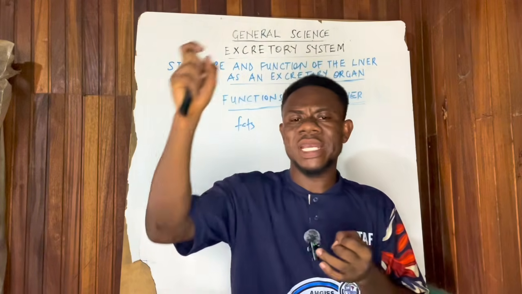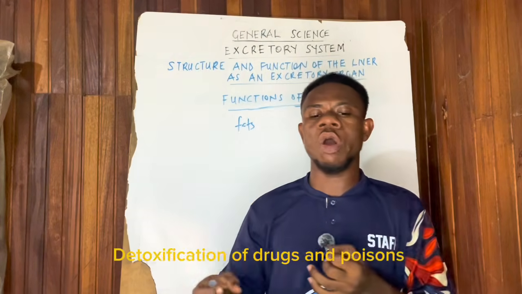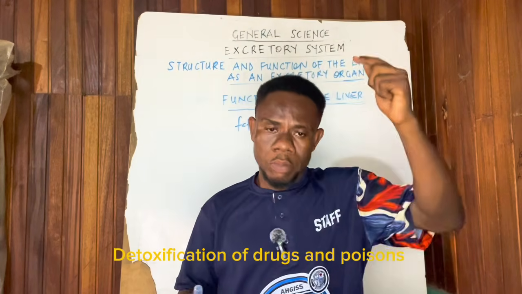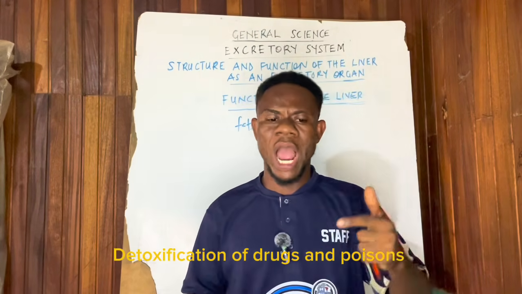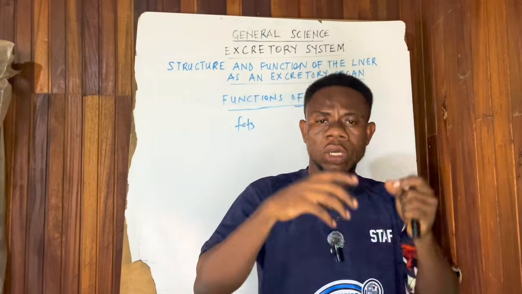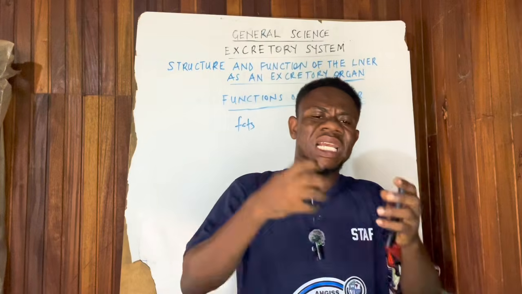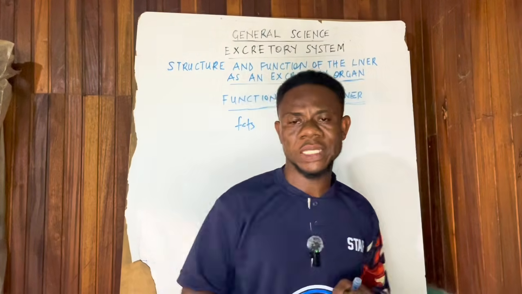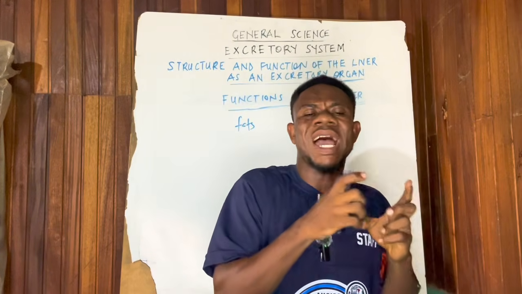Now, the eighth point is detoxification of drugs and poisons. When I started this video, I made mention of detoxification. This means the liver aids in detoxification of drugs and poisons. The process involves the liver enzymes.